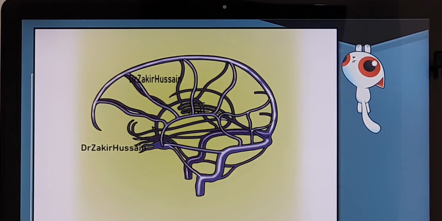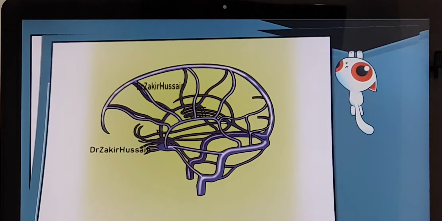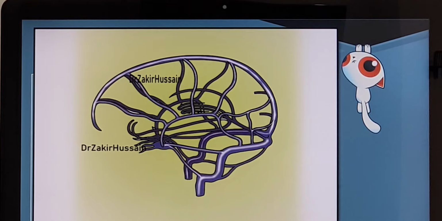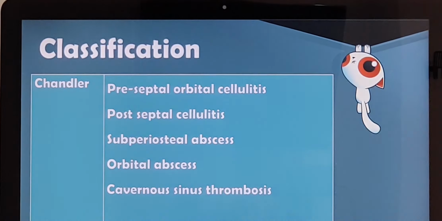This cavernous sinus is well connected by all the veins from the eyes. It all drains into the cavernous system. So any infection in the eye can easily spread into the cavernous sinus. That forms the last stage, cavernous sinus thrombosis.